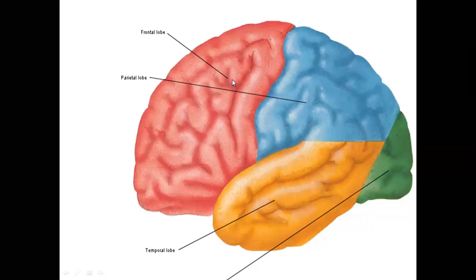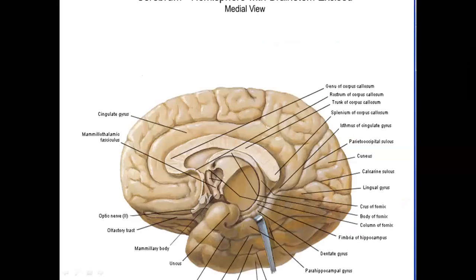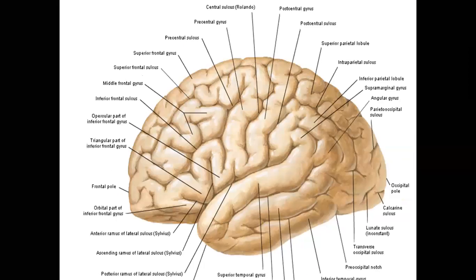In front of the central sulcus is the frontal lobe. Below the Sylvian sulcus, you have the temporal lobe. Now you can make out the superior frontal gyrus, middle frontal gyrus, inferior frontal gyrus, superior temporal gyrus, middle temporal gyrus, and inferior temporal gyrus. So these are various gyri and sulci of the brain.